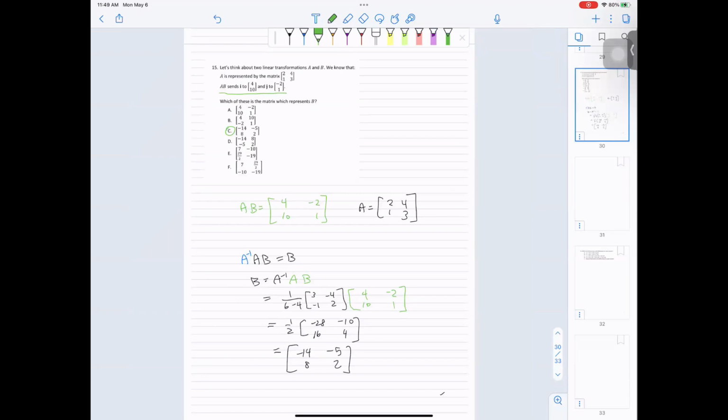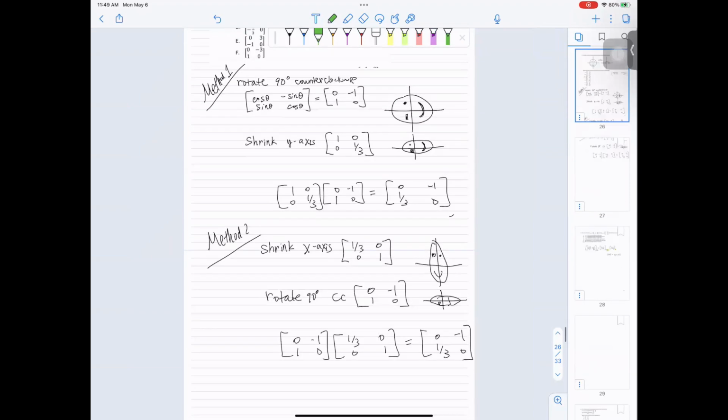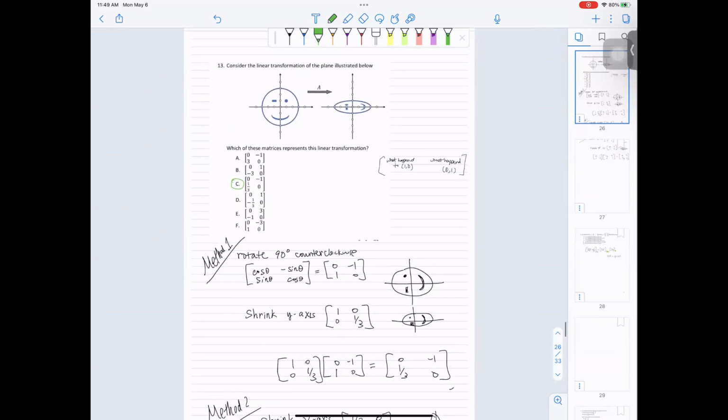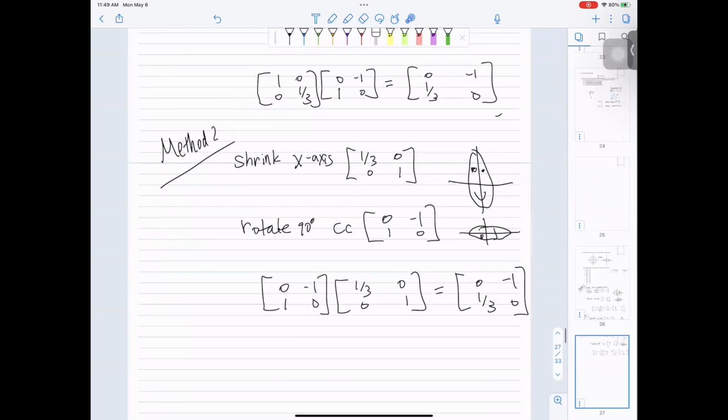For question 13, what is the rule for finding the linear transformation matrix? Like, is it the second transformation matrix multiplied by the first? Which order do we multiply them? We always multiply whatever started first, you write on the right-hand side. So if I shrunk X first, I write it here, and then I rotate it.